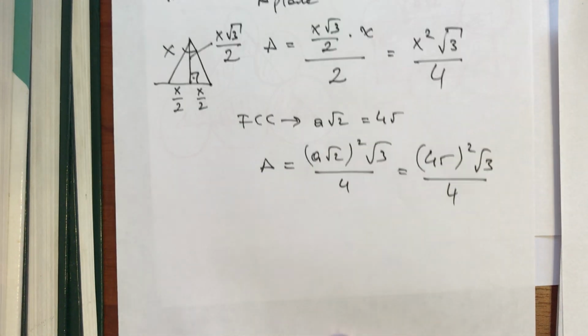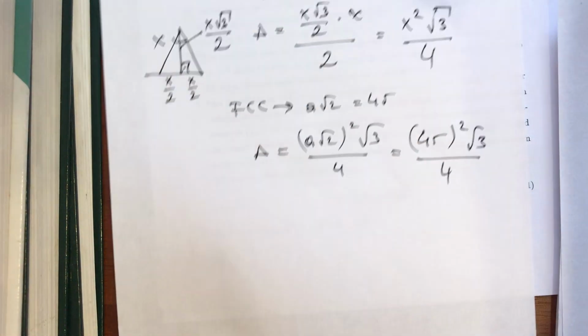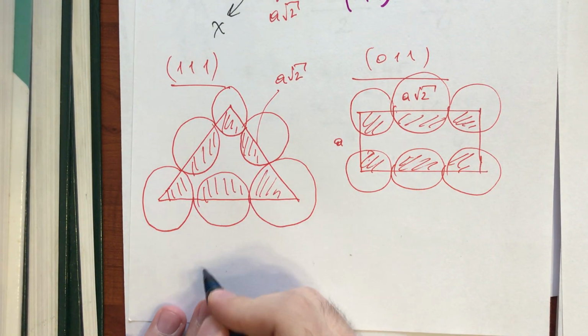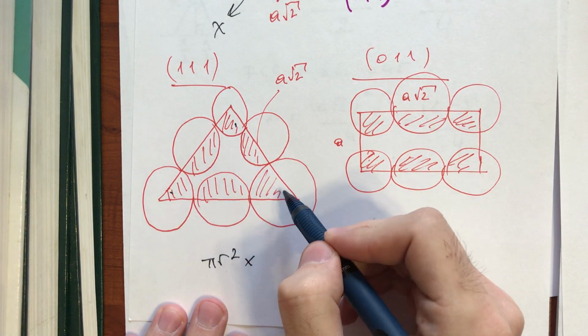This is the area of the 111 plane, and the area occupied by the atoms here is pi r squared times, so we have three corners.